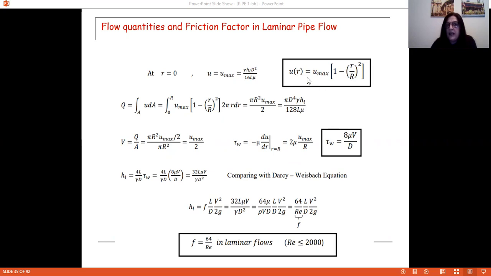If you take del u over del r from this relation, you can obtain that it is equal to 2 U max divided by R. So for U max, if you write 2 times the average velocity and rearrange this equation, wall shear stress becomes 8 mu average velocity divided by D.